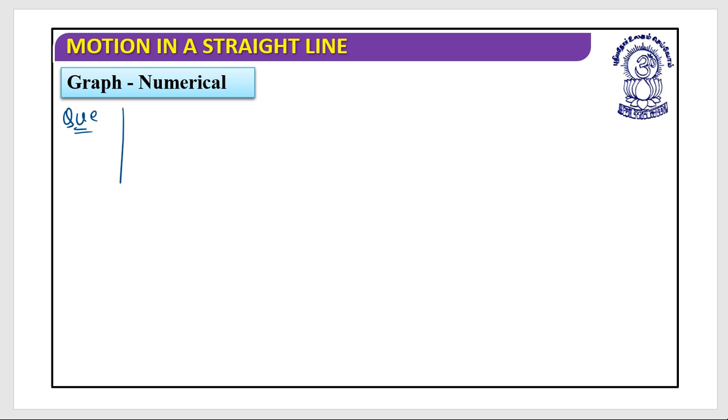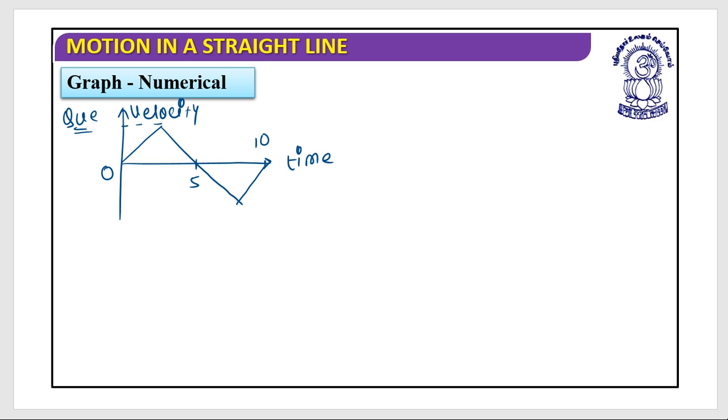Let's say this is velocity. This is time. This is 0. This is, let's say, 5 seconds. This is, let's say, 10 seconds. This is 10, in meters per second.